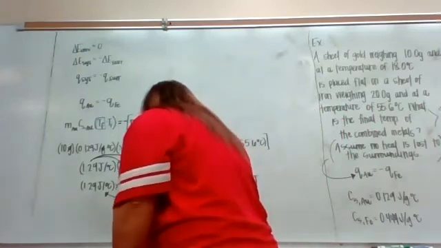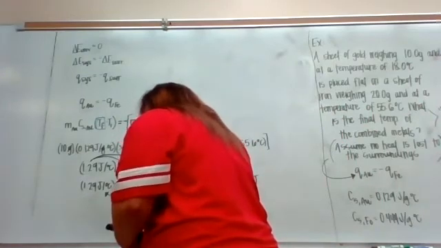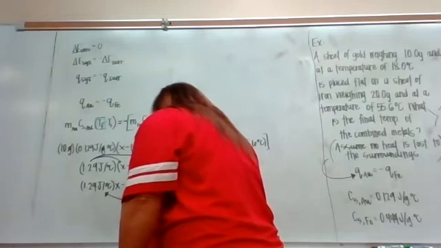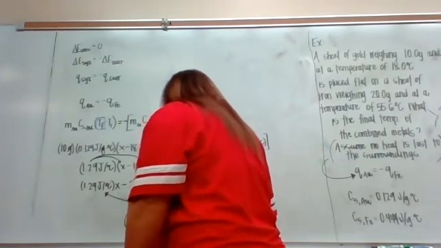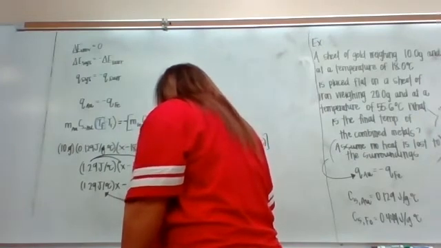When I do that, I get my X to be 50.8 joules. Nope, not joules. Yeah, degree C.